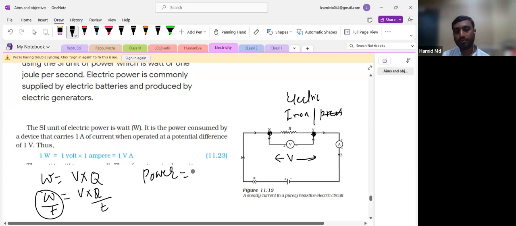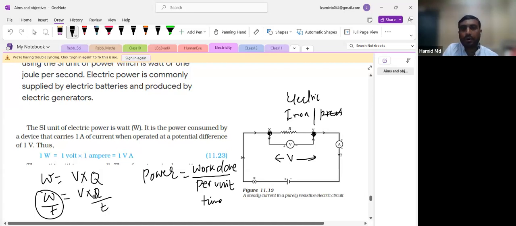Power is work done per unit time. So we have to bring the charges from one point to another per unit time. That will be the power, electric power.